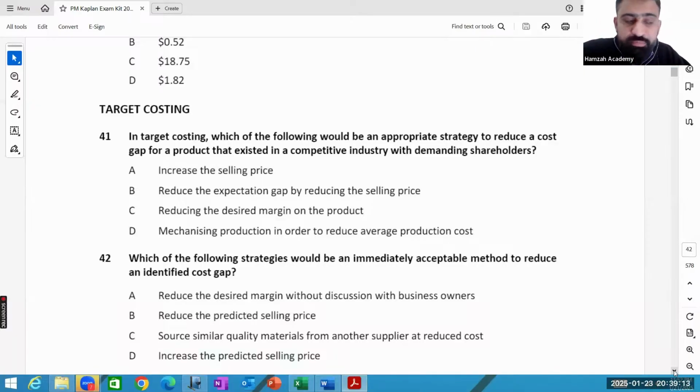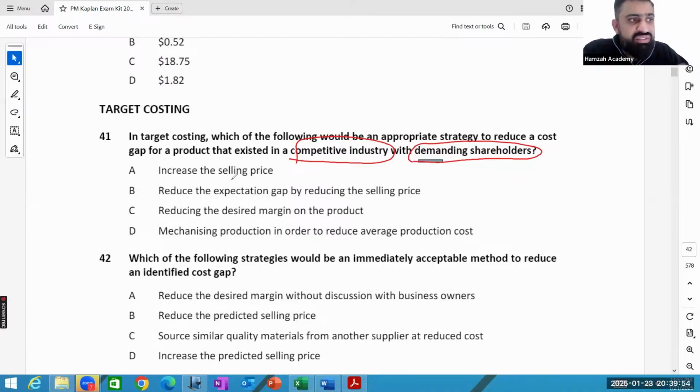So, question 41. In target costing, which of the following would be an appropriate strategy to reduce the cost gap for the product that exists in a competitive industry with demanding shareholders? Number one, the first option is increase the selling price.